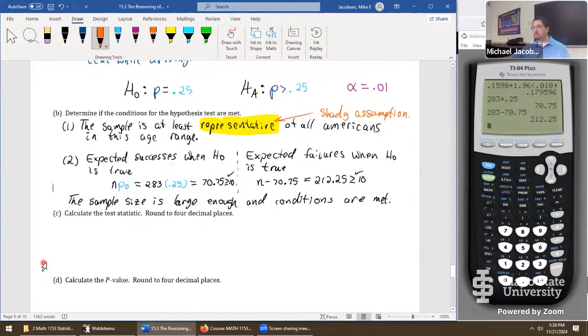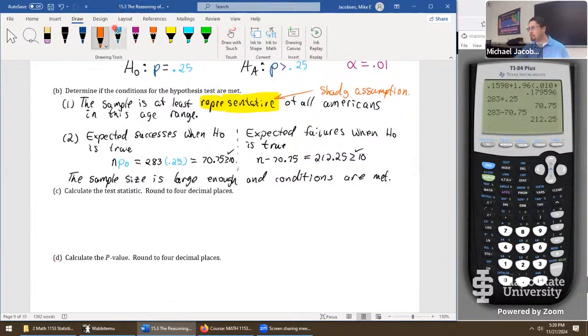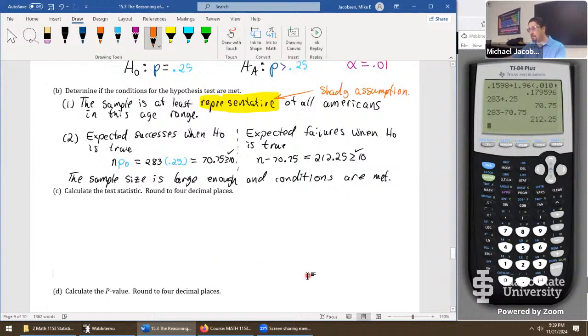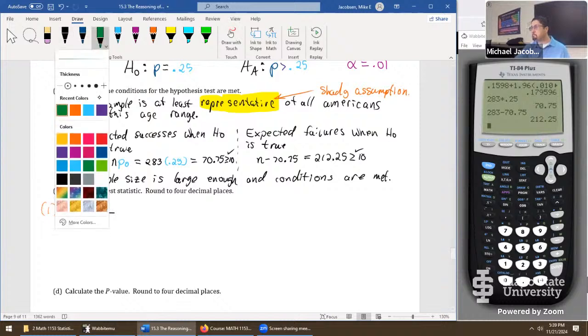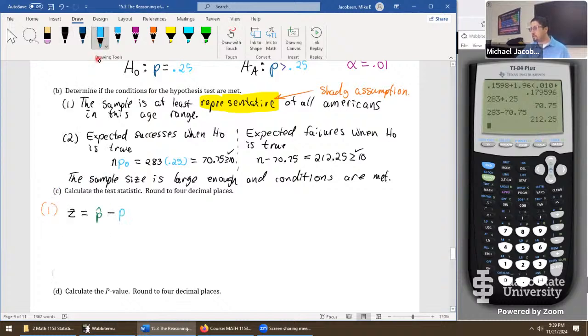Calculate the test statistic always goes about like this. Let's write this out in a sequence of steps because it is kind of a big step. For the test statistic, first thing you definitely want to do is write down the formula. Really good advice there because now you know where everything's going to plug in. You'll have z equals p hat minus p naught.